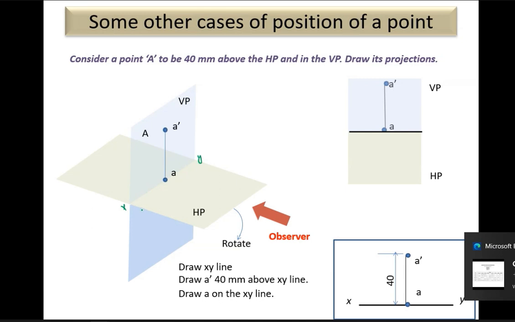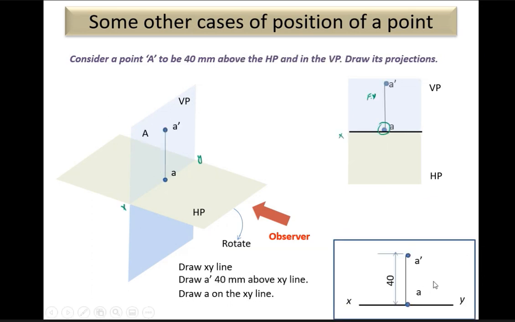So you'll only get the front view over here, and the top view is over the XY line. This is the projection we have to draw in our drawing. Is this clear to you?